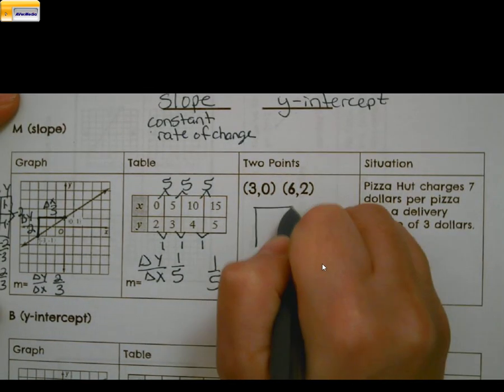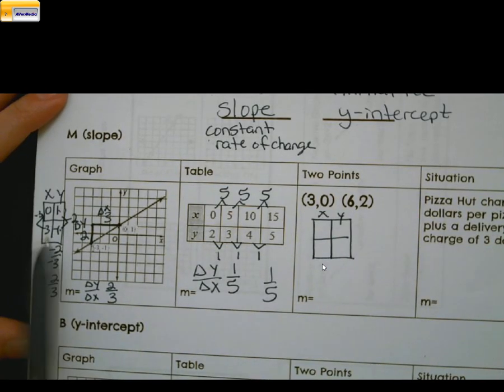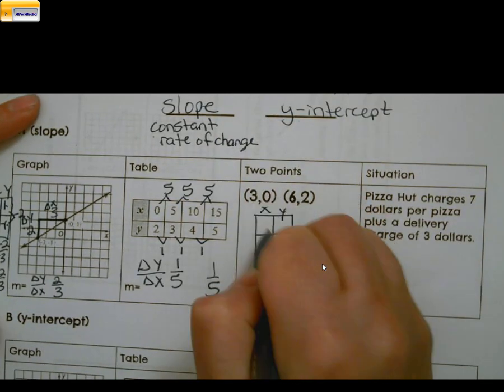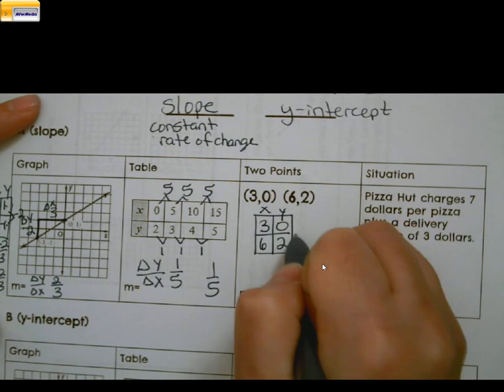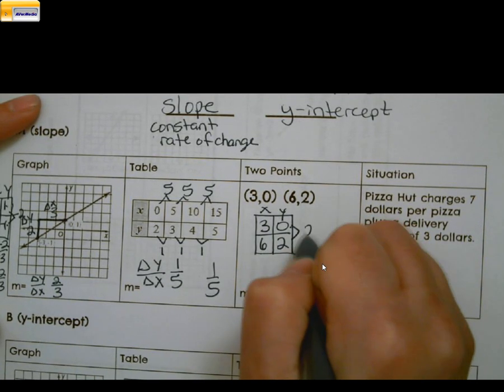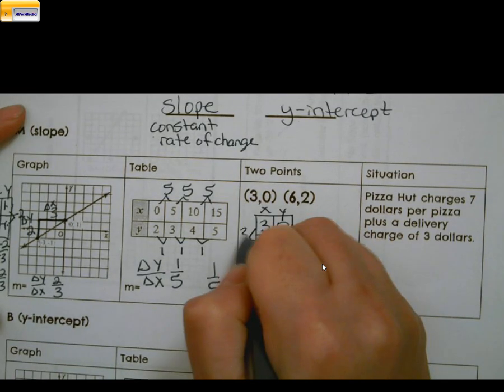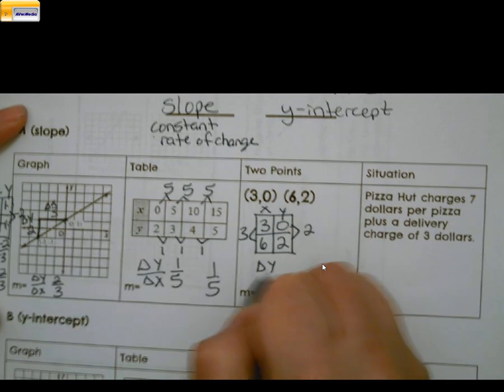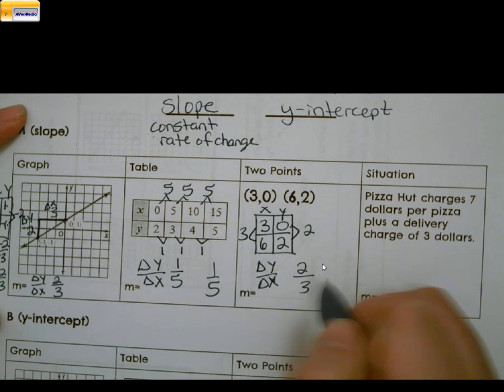I'm going to set up my table, my x and y, similar to how I did this over here, and I'm just going to plug them in. So 3, 0, 6, 2. Change in y is +2. Change in x is 3. Change in y over change in x, 2 over 3.